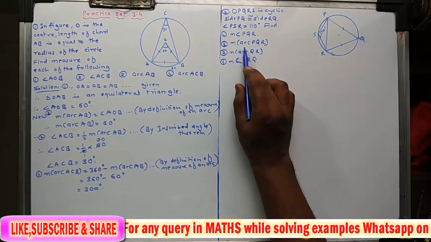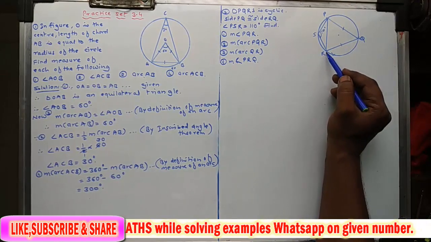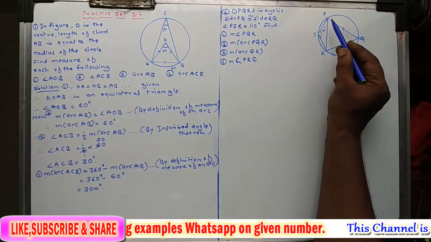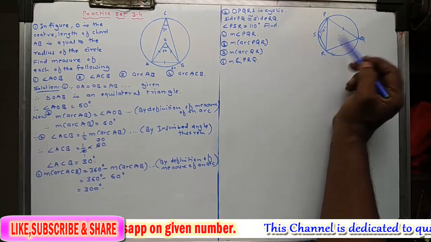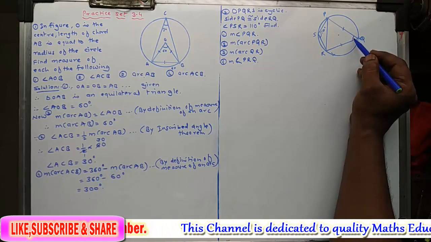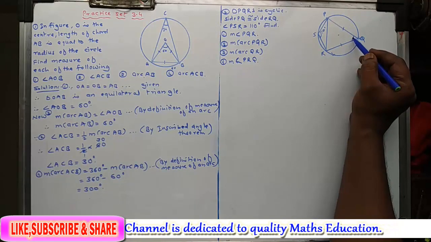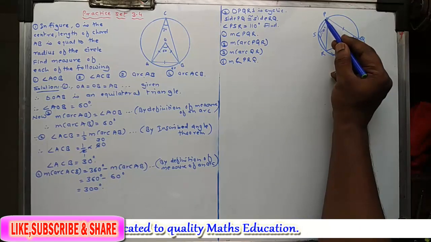Now the measure of arc PQR. To find the measure of arc PQR, first we have to find the measure of arc PSR. Now the inscribed angle measure we got here is 70 degrees. So the measure of this inscribed angle is equal to half its intercepted arc.